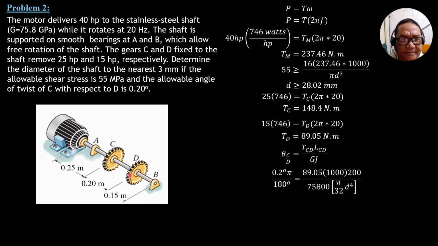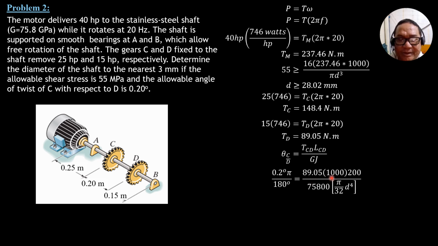Imagine that C is fixed, so the torque at D is 89.05. And that's also equal to 237.46 minus 148.4. That's 89.05, more or less.